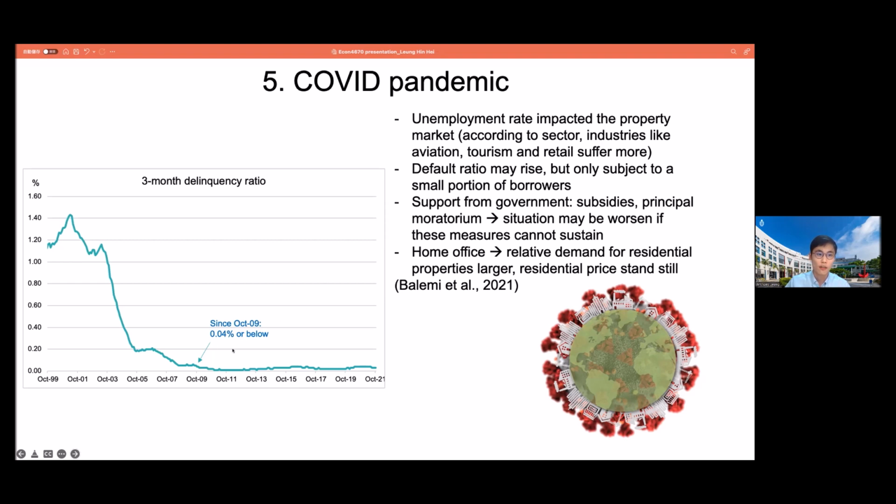However, in general, the COVID pandemic didn't affect the repayment rate very much, because since October 2009 the 3-month delinquency ratio according to the HKMA has been really low compared to the end of the 1990s.